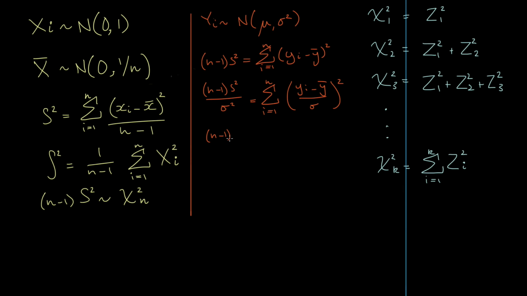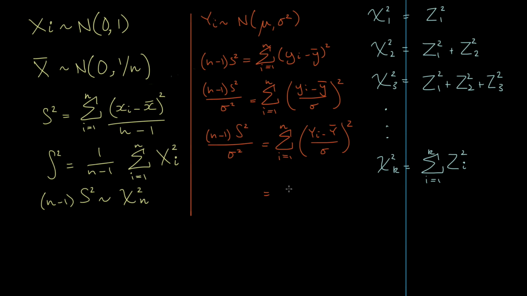And so if we replace s squared with capital S squared to be a random variable, and replace all these yi's with capital Yi's, and replace this y bar with a capital Y bar, because this is going to be random as well, then we're going to get a sum from i equals 1 to n of each of these standard normals, but the fact that we're using this sample mean rather than the population mean is going to work out so that it gets rid of one of our n independent standard normal distributions.